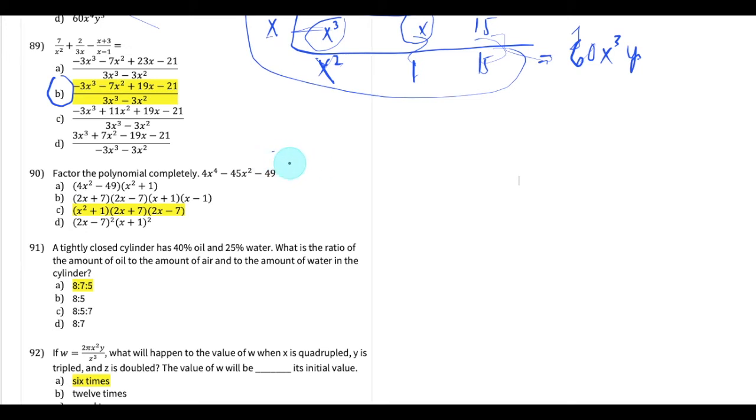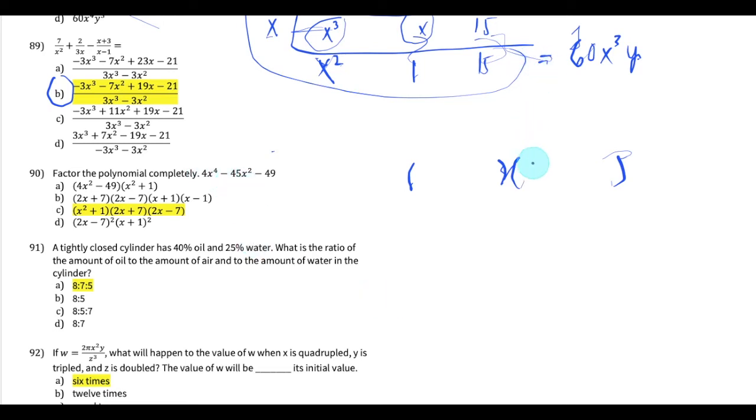Okay, number 90, factor out completely. So, bahala na kayo kung anong method yung gagamitin nyo. Ako, I'm going to use medyo guesstimate. Okay? So, here, ano ang factors ng 49 and 4 na kapag pinair up ko will give me negative 45? Ito medyo obvious. 49 minus 4 will give me 45. So, sila yung pagsasubtract ko.